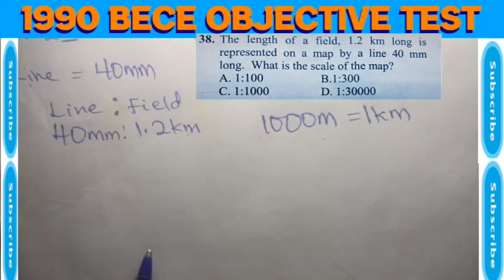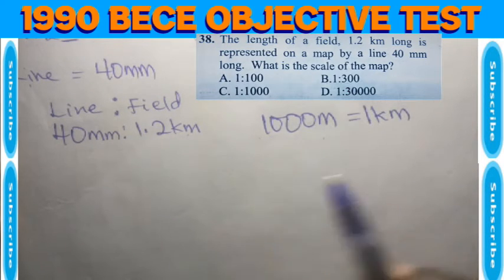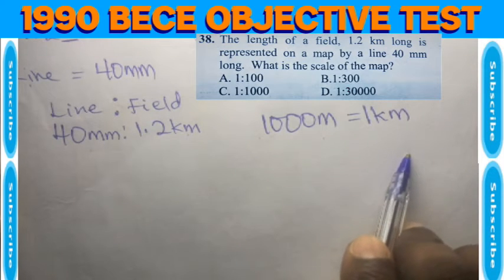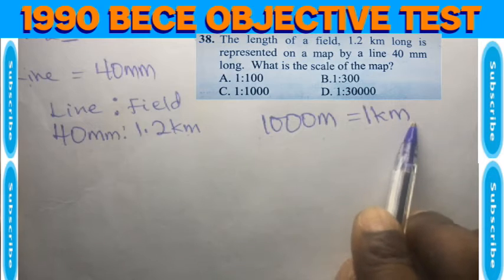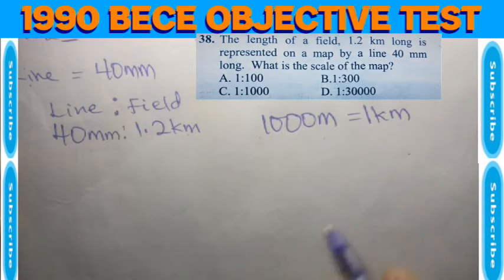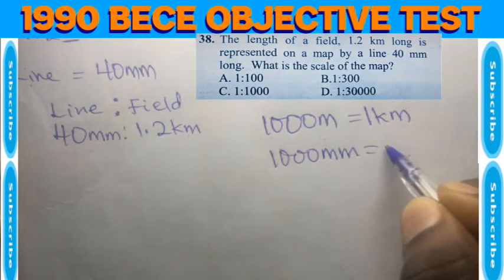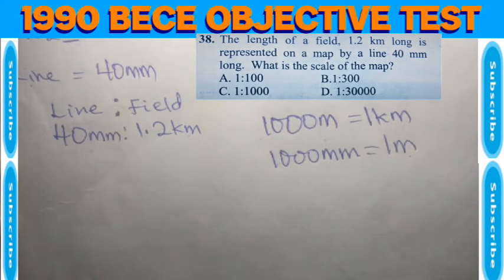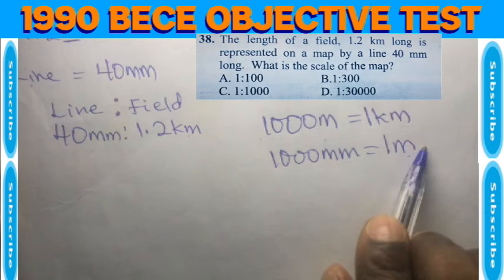Good. Now what about millimeters? If you have the value in millimeters, it will be what value in meters? We have 1,000 meters giving us 1 kilometer, and 1,000 millimeters also gives you 1 meter.